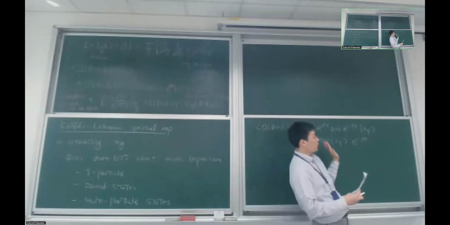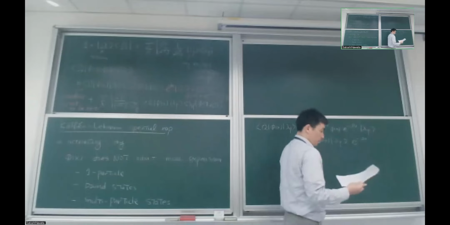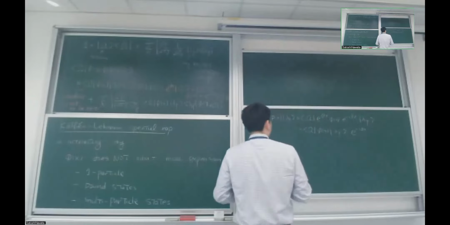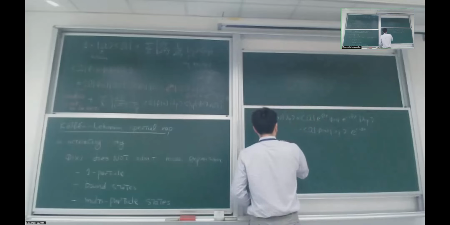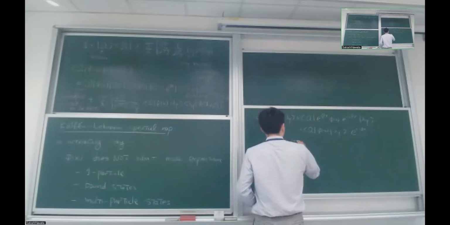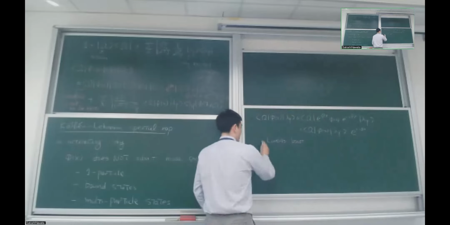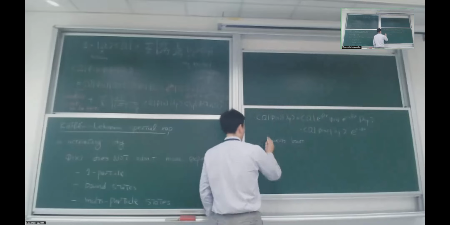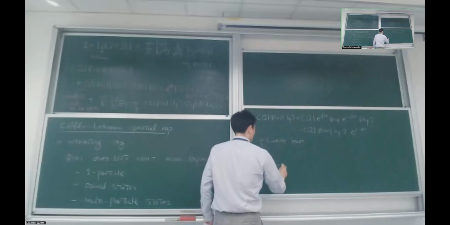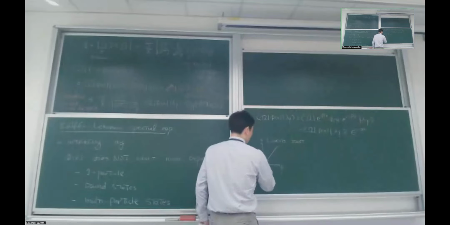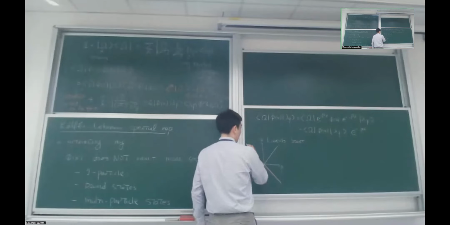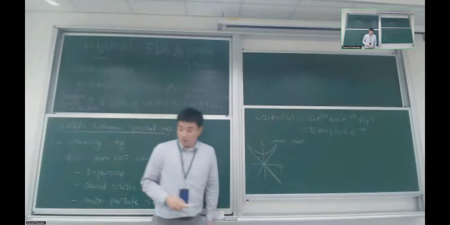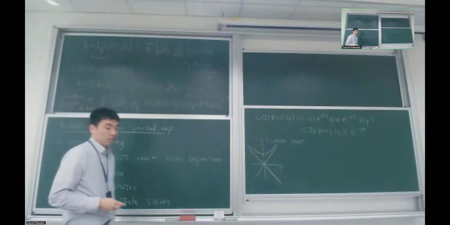So therefore, you can just push it out of this product, and then apply the Lorentz boost. As you know, whatever E and P, there is a light cone, and you have E squared minus P squared equal to M squared.